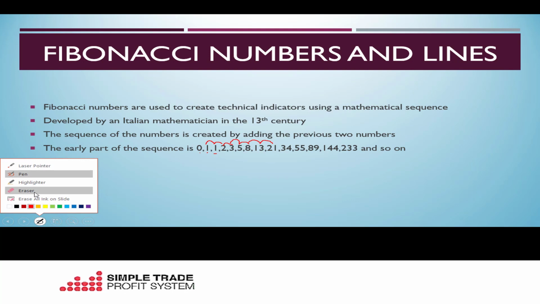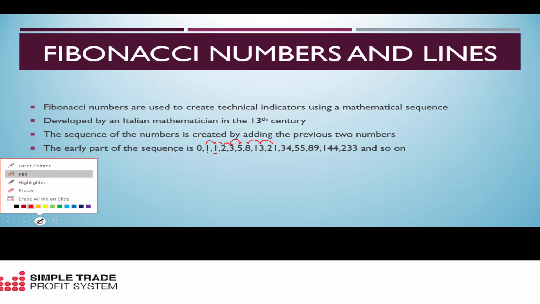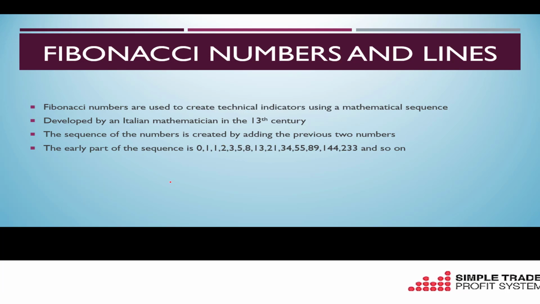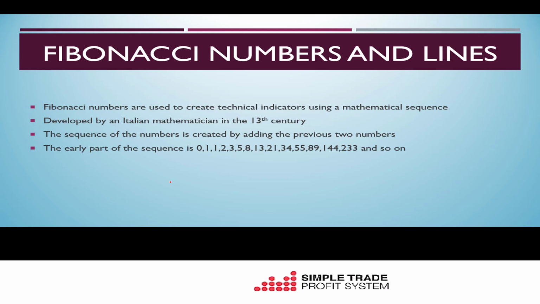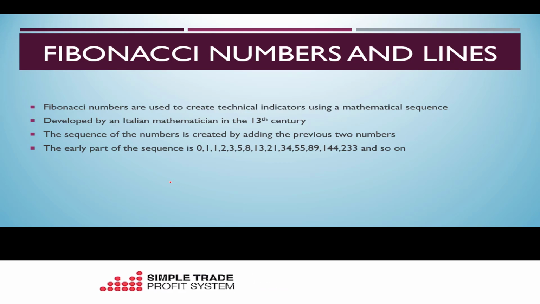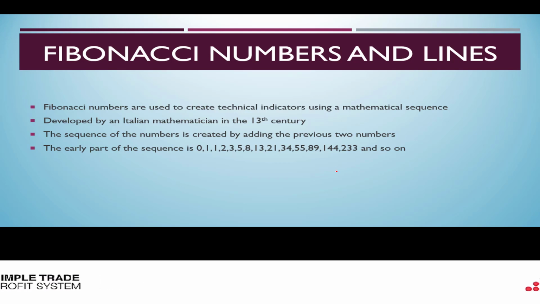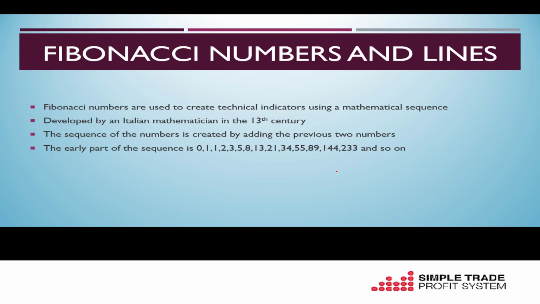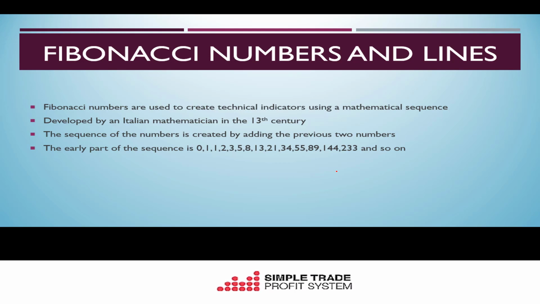And then the ratio, besides the very first few numbers, the ratio of these numbers comes out to about 1.618, which they call the perfect number, the perfect ratio. As we get farther in the sequence, the ratio between two adjacent numbers gets closer and closer to 1.618.